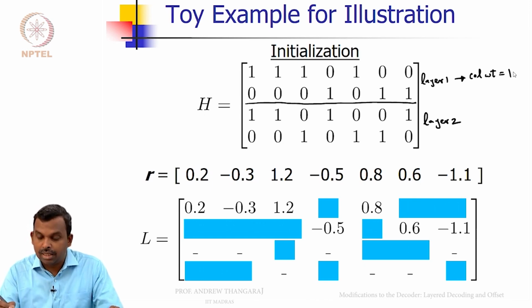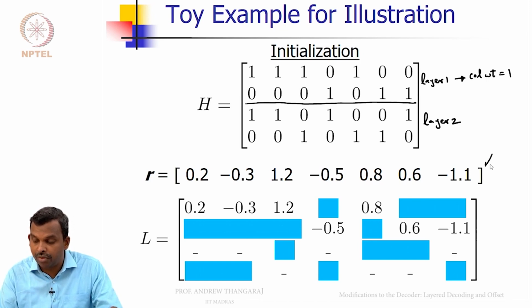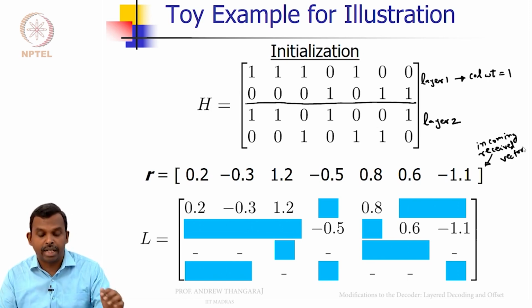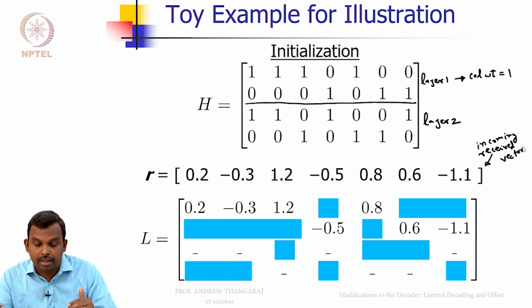Okay. All right. So this is the parity check matrix. This is the received vector. Okay. R is the incoming received vector. Okay. So one easy way to think of layer decoding is you start with this received vector and start going down the parity check matrix row by row. Okay. As you process each row, you keep updating this received vector.